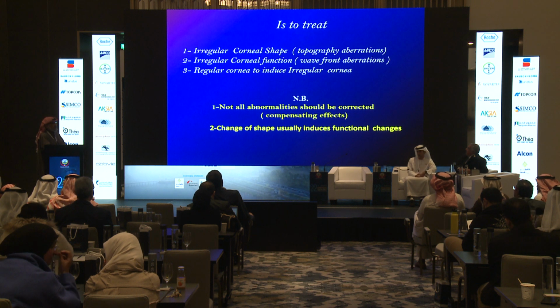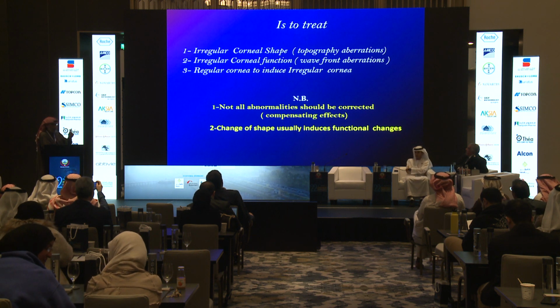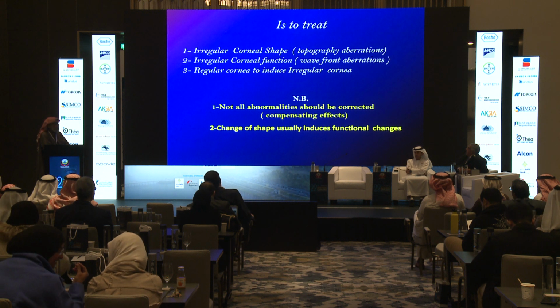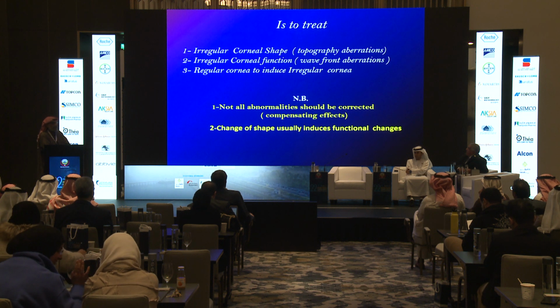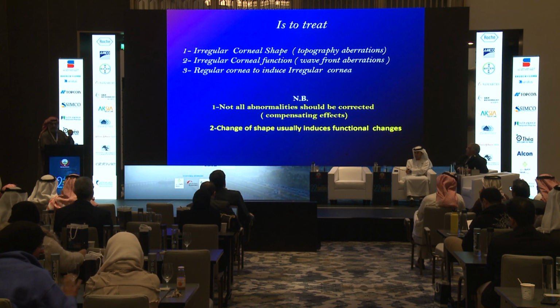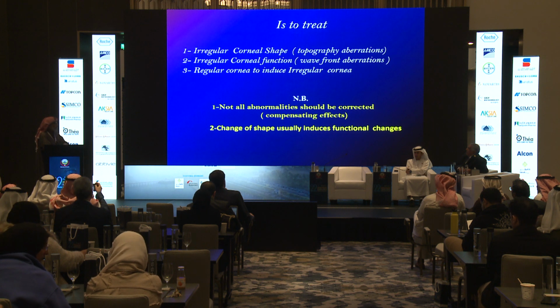Now, it is to treat either irregular cornea, so we are talking about the shape, or irregular function, and we are talking about wavefront. Function is not the shape. That's why it is not really affected too much by the epithelium. So it's either irregular shape or irregular function.